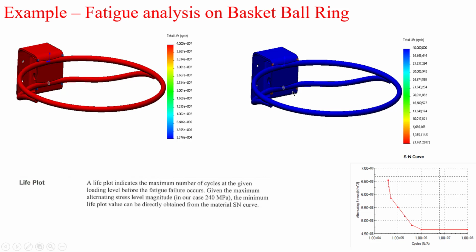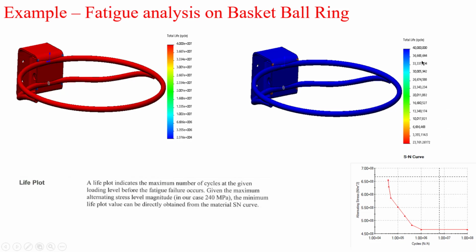So your particular basketball ring is not safe for these loading conditions. You need to add fillets or make some modifications to your design so that you can increase this value. As I said, 1 into e raised to 7 would be ideal.